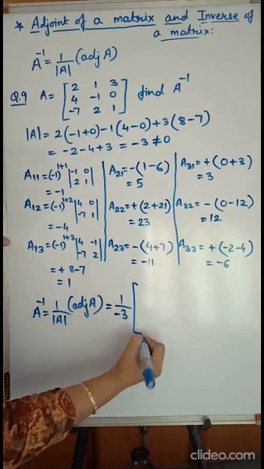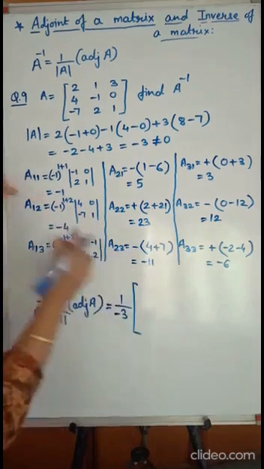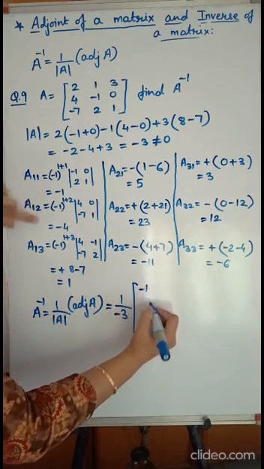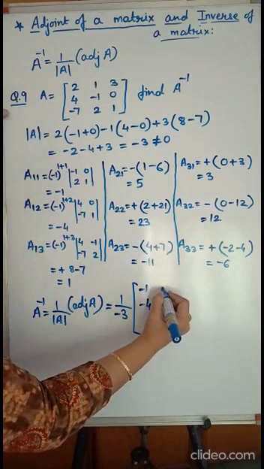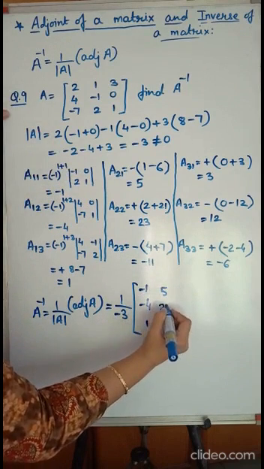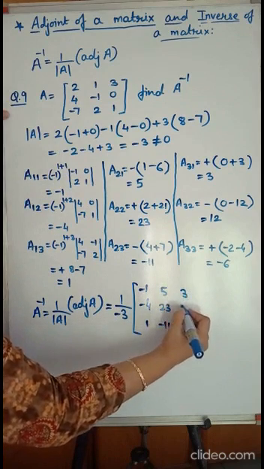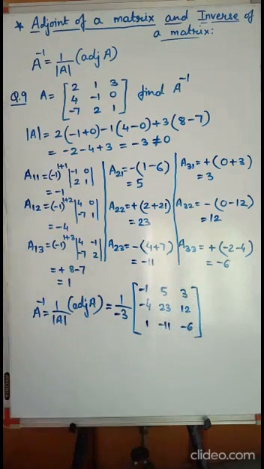And I'll write straight away these values. Minus, and this order only. 1, 1, 1, 2, 1, 3. So it's minus 1, minus 4 and 1. Then comes 5, then 23, minus 11, then 3, 12, minus 6. So this is the inverse.